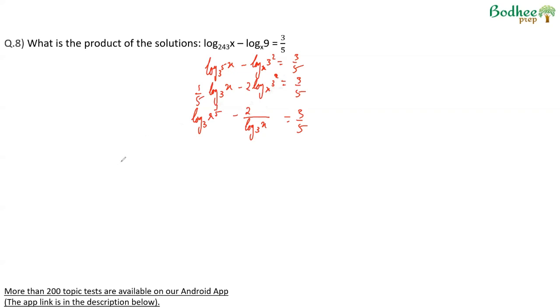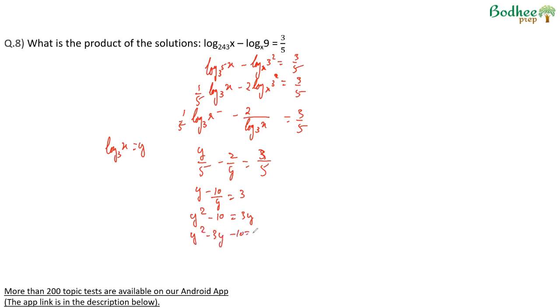If we put log of x to the base 3 as y, and let the 1 by 5 be as it is here, we will get y by 5 minus 2 by y is equal to 3 by 5, which means multiplying by 5, y minus 10 by y is equal to 3, which means y square minus 10 is equal to 3y, which means y square minus 3y minus 10 is equal to 0.